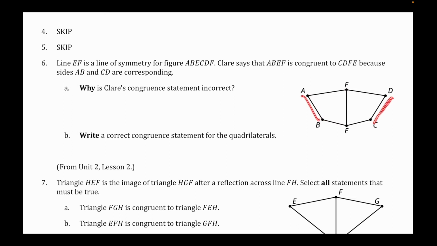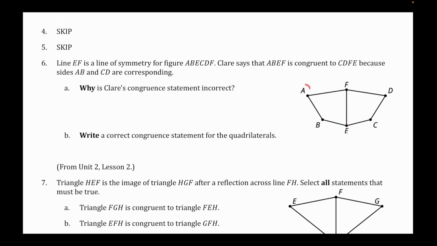So they're already telling us she is incorrect. They're asking, why is she incorrect? So she says A, B, E, F, and then she says C, D, F, E.